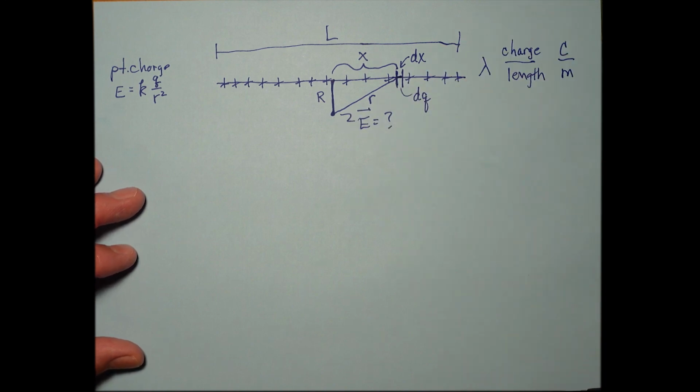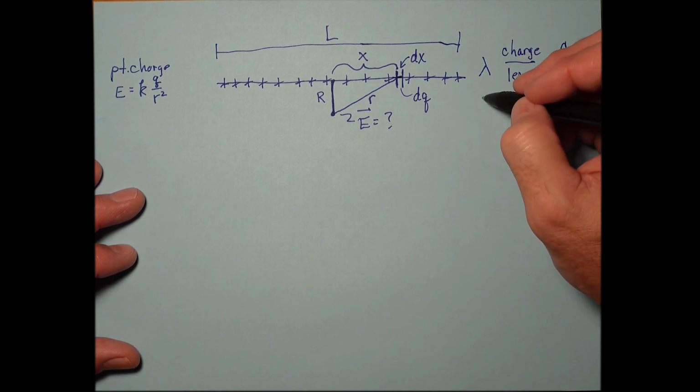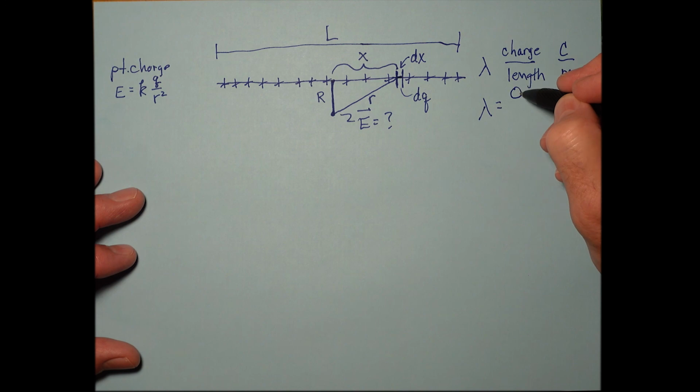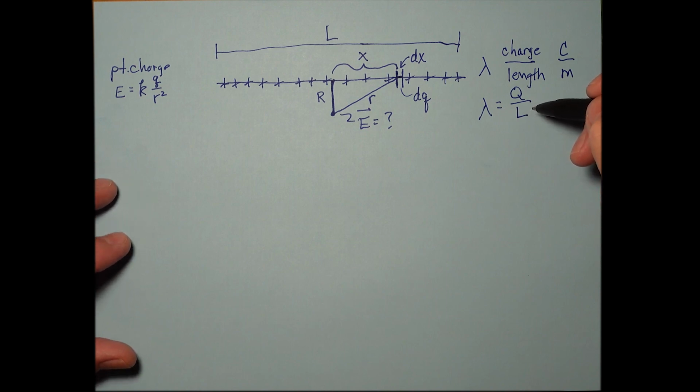All right, you see how it's working? Lambda is constant. So lambda, if I knew what the total charge was, Q, and I knew what the total length was, L, then that's what lambda is. Lambda is just going to be big Q over big L, like that.